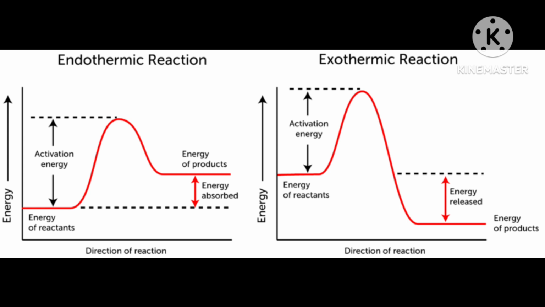According to Arrhenius, K is equal to capital A into e power minus EA divided by RT, where A is the Arrhenius factor, also called the frequency factor. This question is asked in examination. What is A?